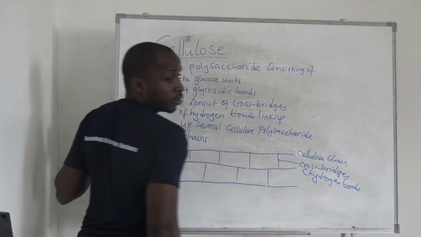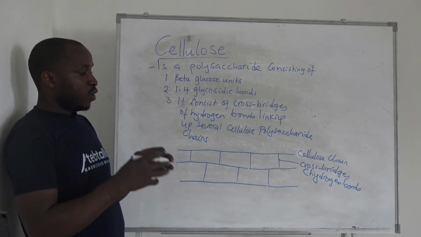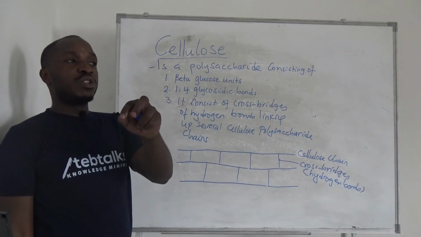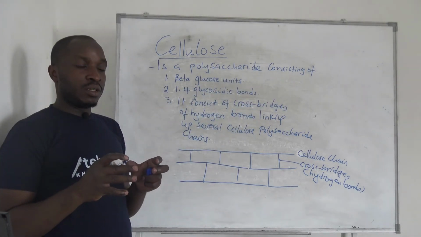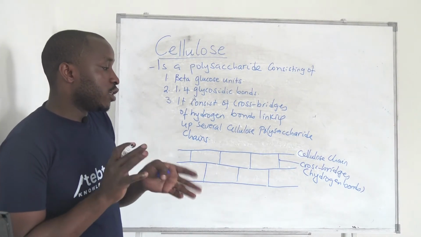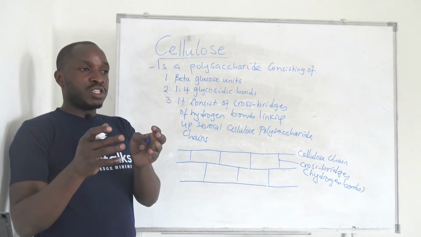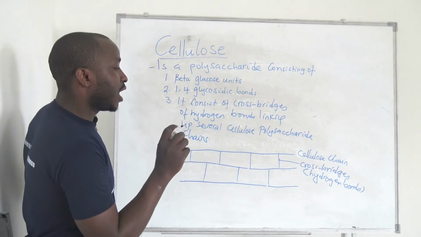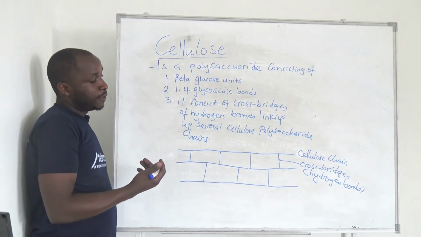bonds. So when we were looking at water, we specifically said that hydrogen bonds are bonds between hydrogen and a more electronegative element, an electrostatic bond, because it is attracting a partial negative charge and a partial positive charge.